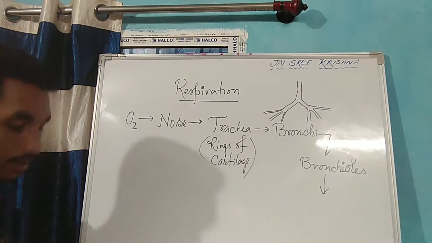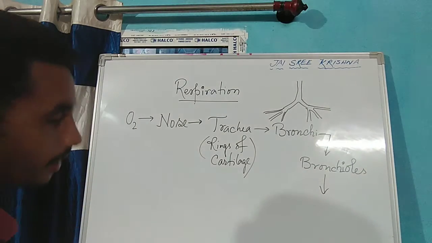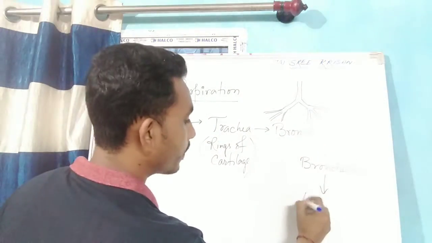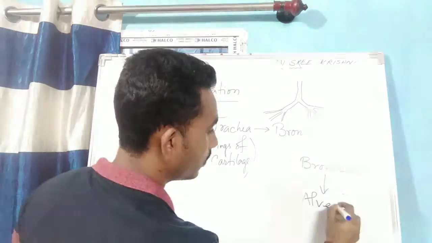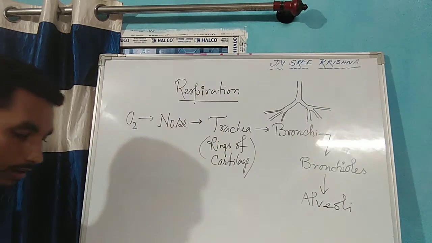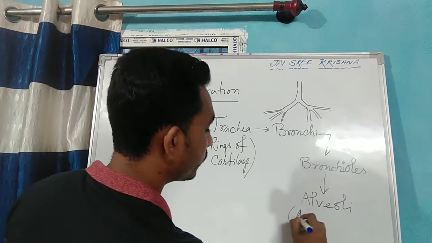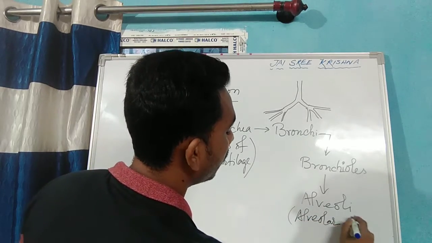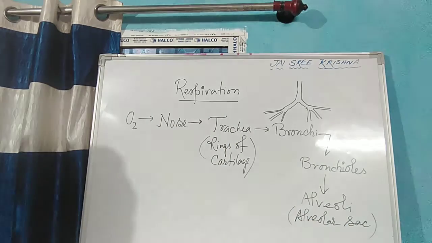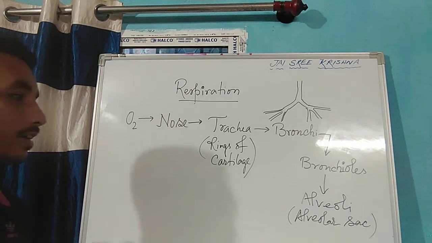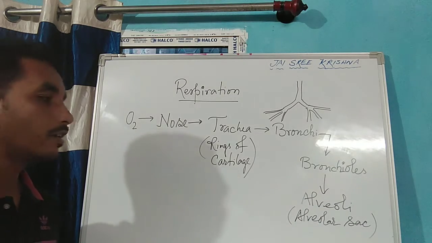So the bronchioles are further differentiated into alveoli, which you can also call alveolar sacs. These are sac-like or balloon-like structures which help in this process.